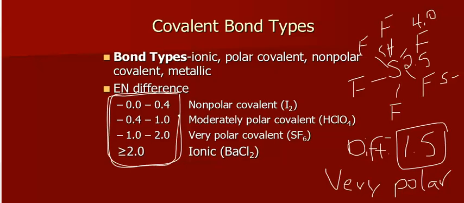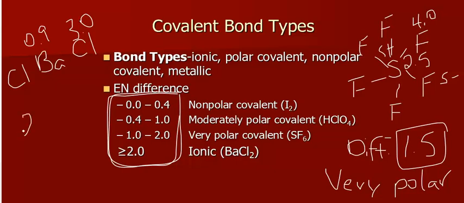And again, I want you to know those numbers. Let's say I have barium and chlorine, BaCl2. Barium has an electronegativity value of 0.9. Chlorine is 3.0. Again, those numbers you don't have to know. I will give them to you. But the difference is 2.1, which means this bond is ionic.